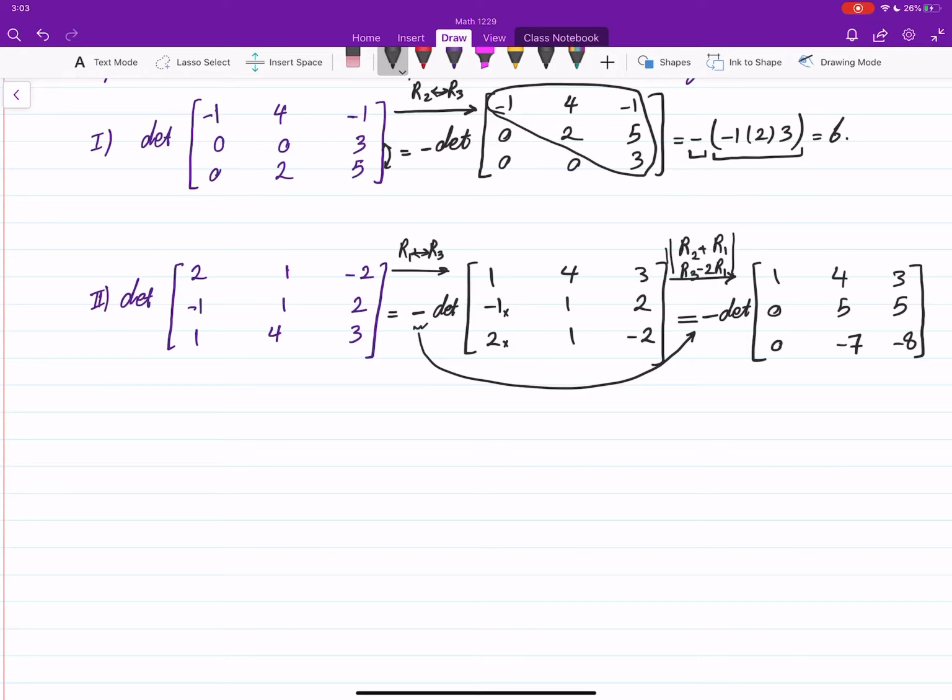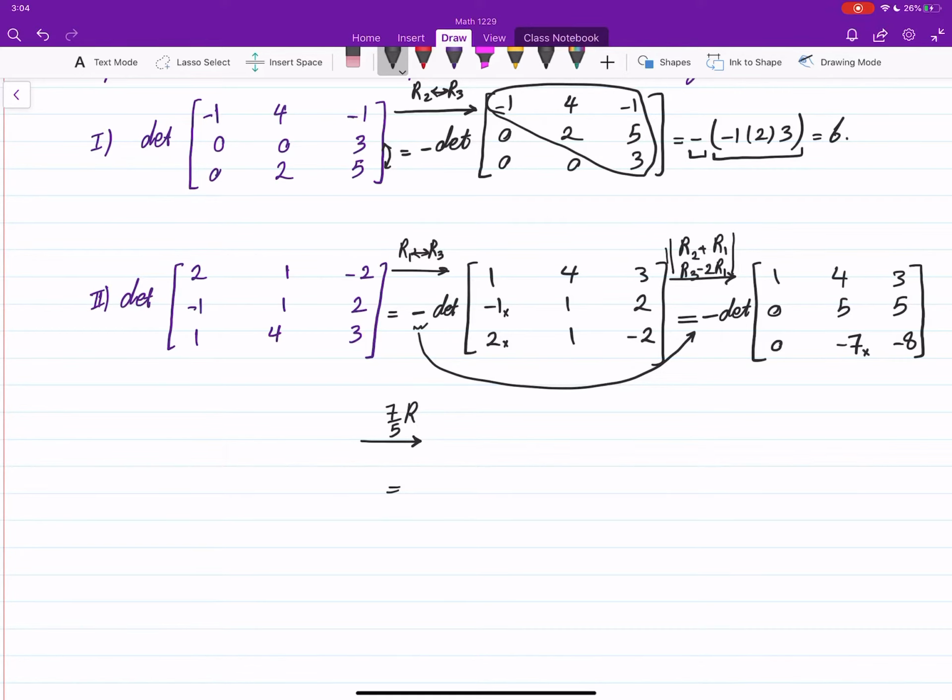Very nice. Now we want to get rid of this guy. How can we do that one? Okay, so I can multiply row 2 by 7 over 5. I'm dividing by 5 to make this one 1, and then adding 7 times that to negative 7 will make that one 0.